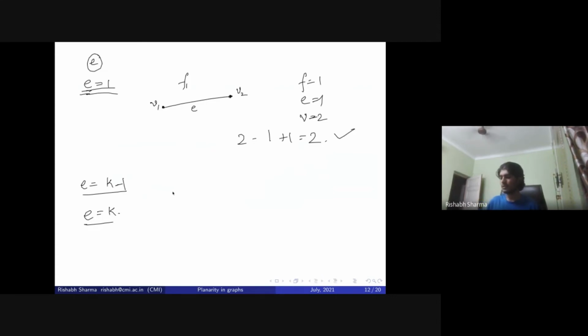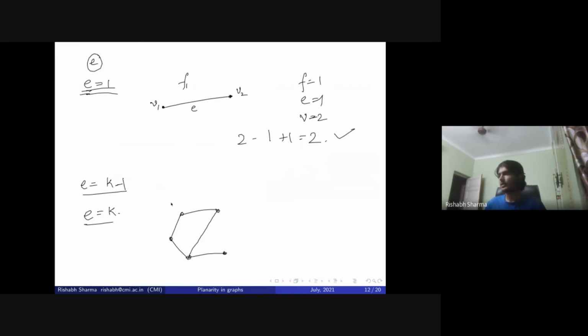So how will I get a graph with K edges? I can take a graph with K minus 1 edges, and to build the graph with K edges, I just add an edge somewhere in this graph.